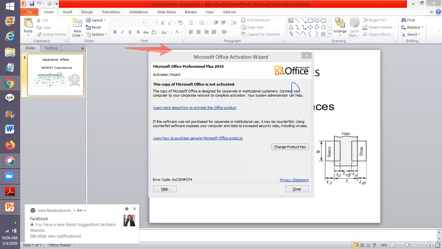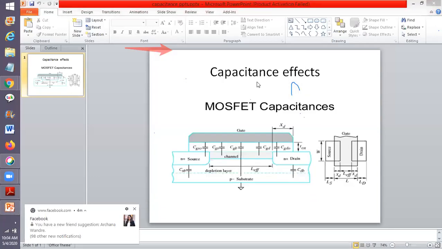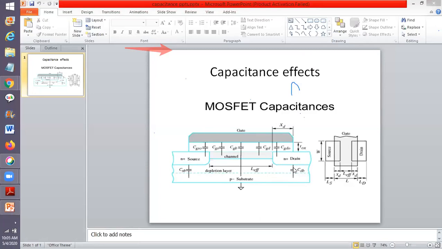Okay. So if you see the slide here, what happens? See, this is source and this is substrate. When the source and substrate are reverse biased, there exists some depletion capacitance. Or else, if we reverse bias the drain and source, there exists the capacitance, that is drain to body.